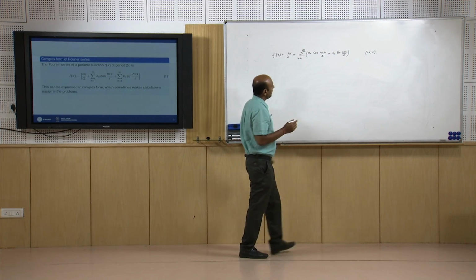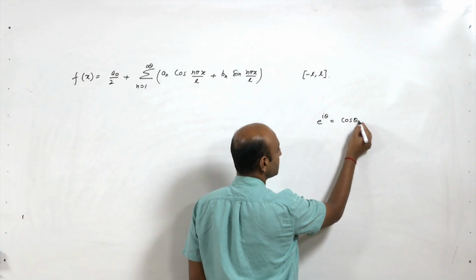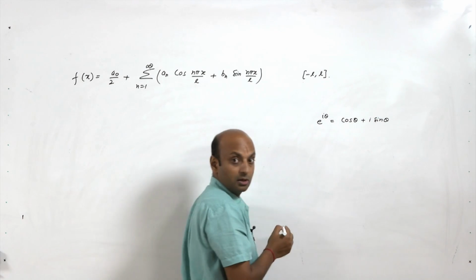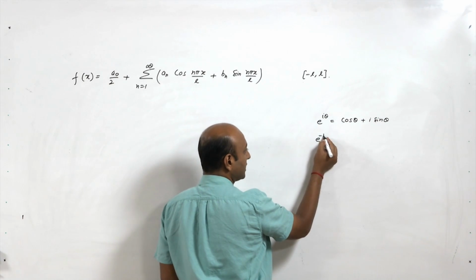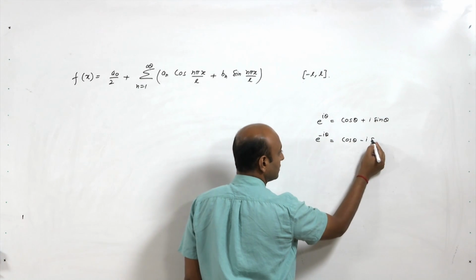Now, we know that e to the power iota theta is nothing but cos theta plus iota sin theta, and e to the power minus iota theta is nothing but cos theta minus iota sin theta.